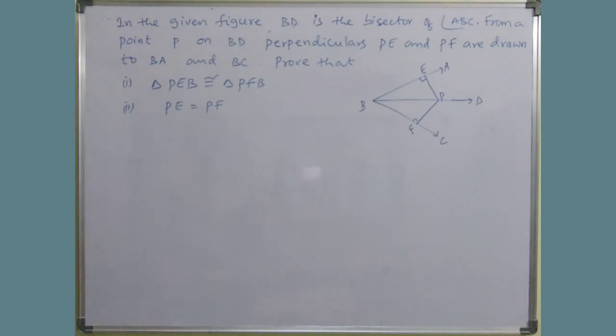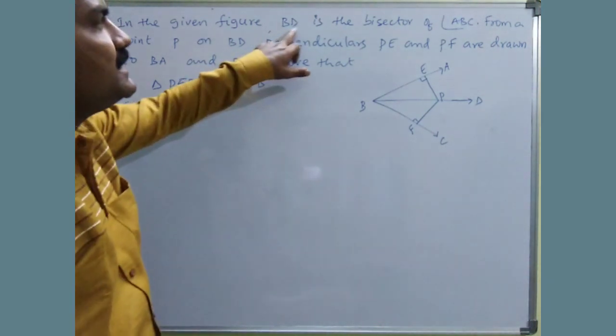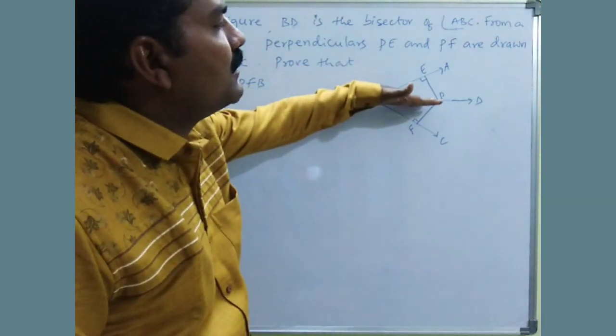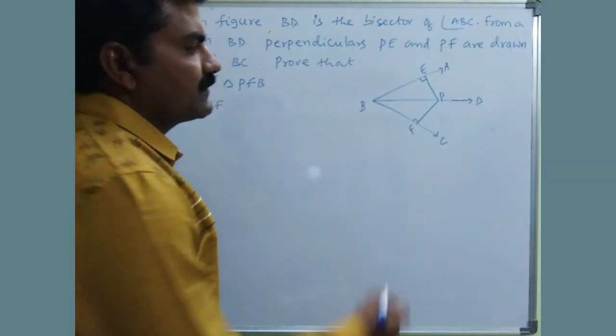Coming to the next question. In the given figure, BD is the bisector of angle ABC.